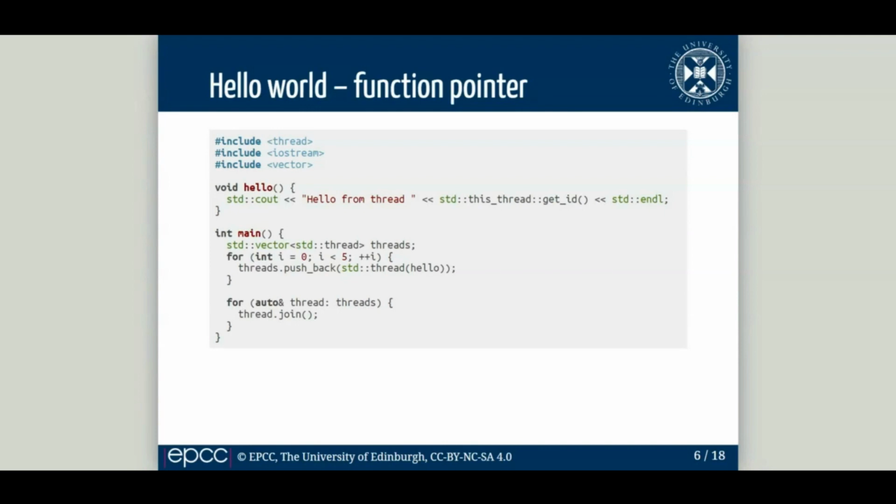Here we have a code, hello world function pointer. You see that we are using the standard library, the thread, and we have a function called hello. This is the function that we will execute in a thread.